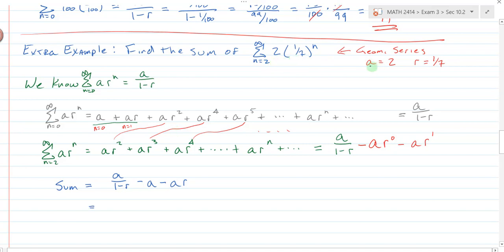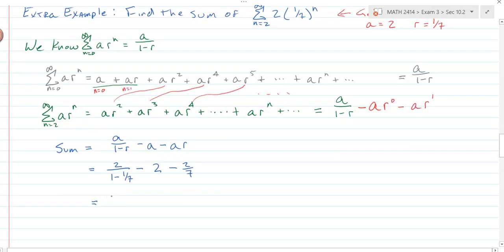In this series, we said a was 2, so that's 2 divided by 1 minus, and we said r is a 7th. When n is equal to 0, I'm just left with 2, and then minus 2 times 1/7, which is 2/7. So that's going to give us 2 divided by 6/7 minus 2 minus 2/7.